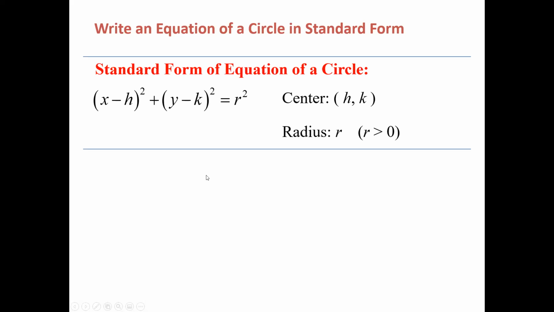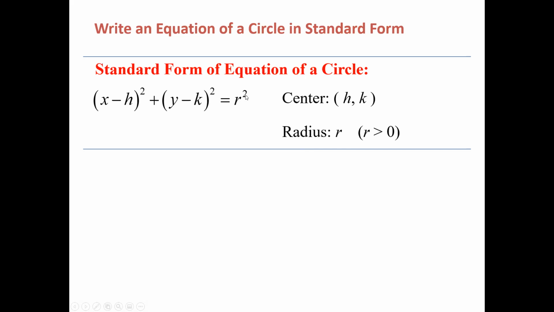Here is the standard form of the equation. This equation is found in your handout packet on page 30, also on page 31. The notation that we use for this is the h and the k are the coordinates of the center of the circle, opposite of whatever sign that they have here because of these negatives.